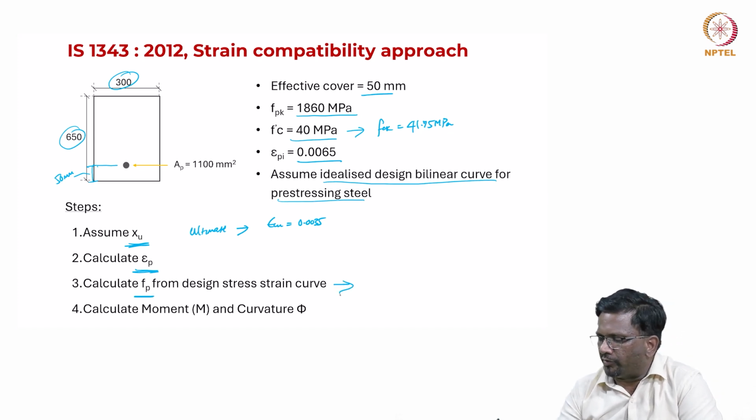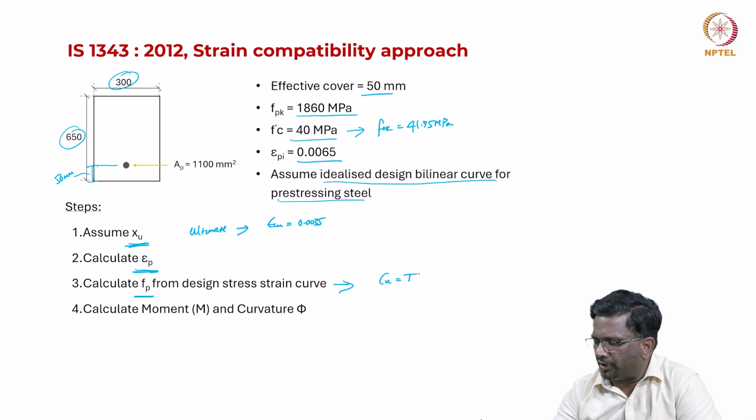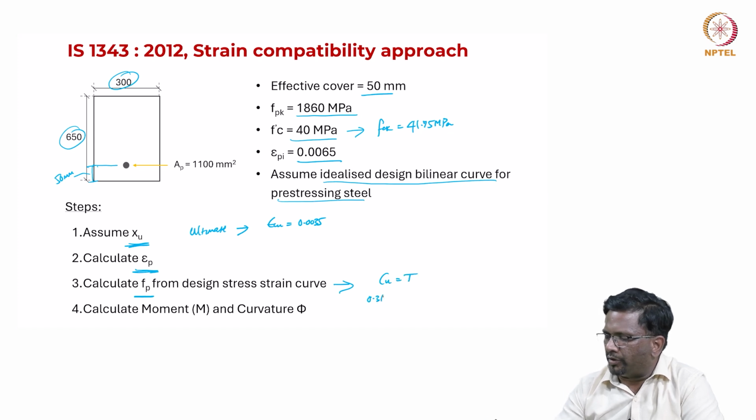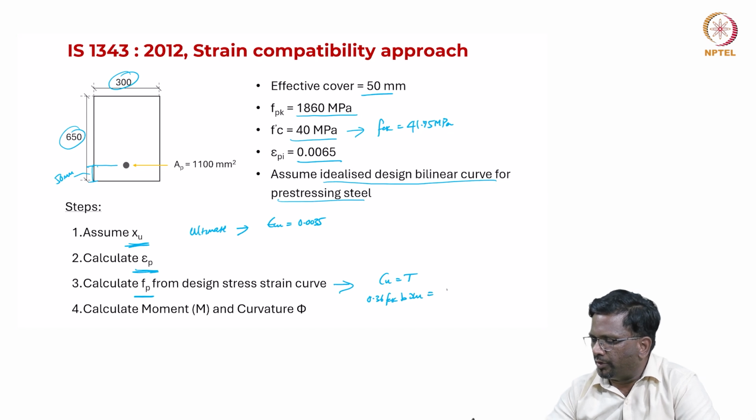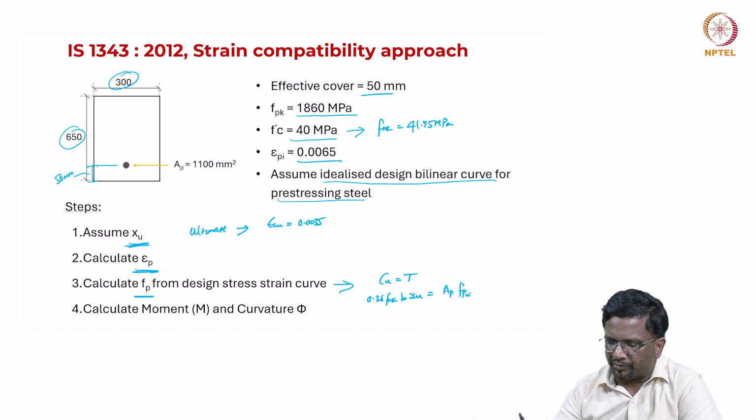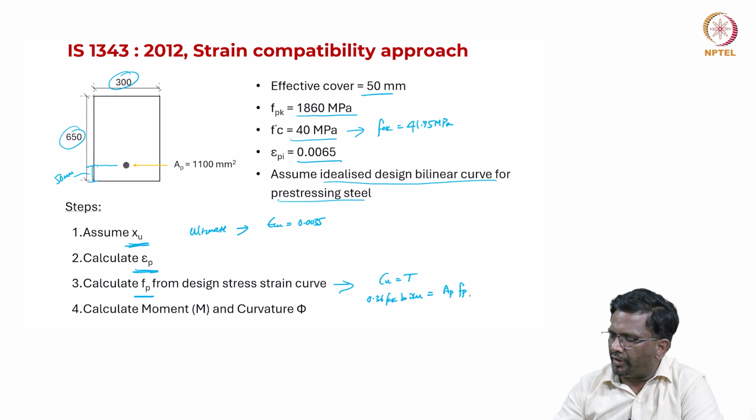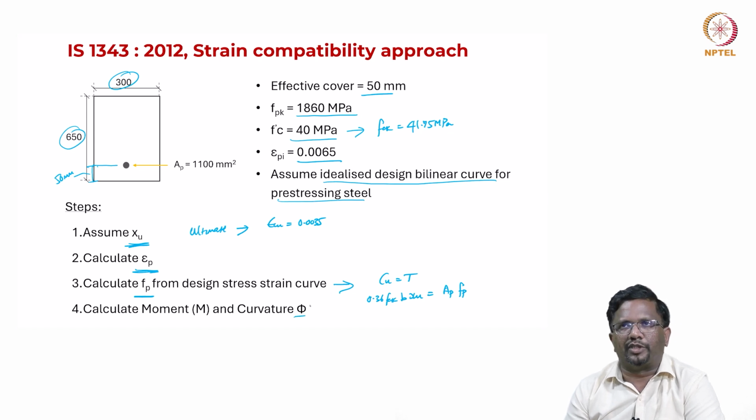Then I have to make sure that Cu is equal to T. That means 0.36 FCK B times Xu should be equal to AP times Fp. Once the equilibrium condition is satisfied, I can calculate the moment resistance and curvature. This is the process using the strain compatibility approach.